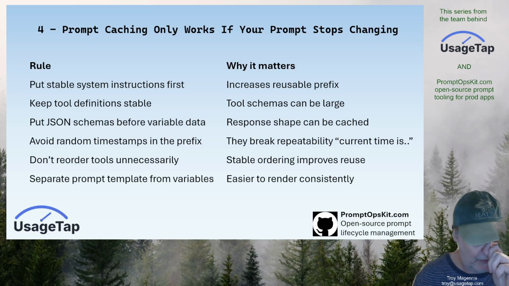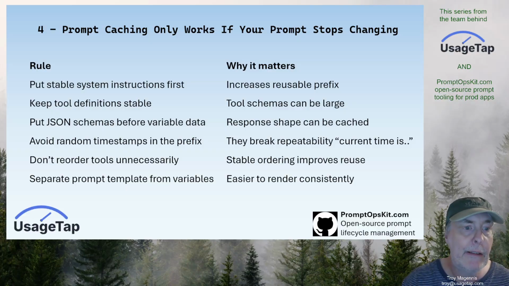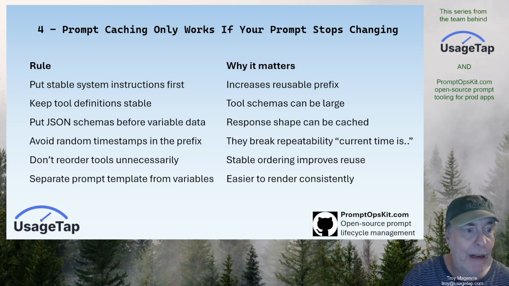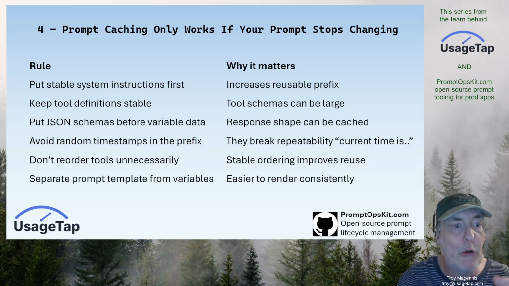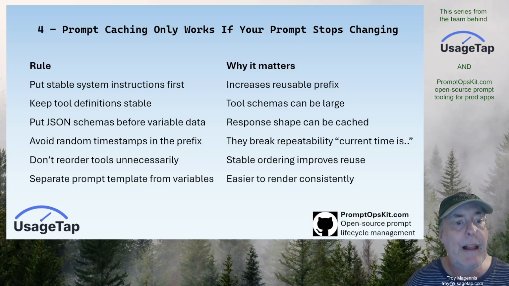Now, there are some rules. First of all, it's very order dependent. So you want to make sure your system instructions are, A, stable and reusable, and they're put first in the body in a very consistent order. You want to keep your tool definitions stable. Don't reorder them, and don't let teams reorder the MCP servers or the tools as they're defined.